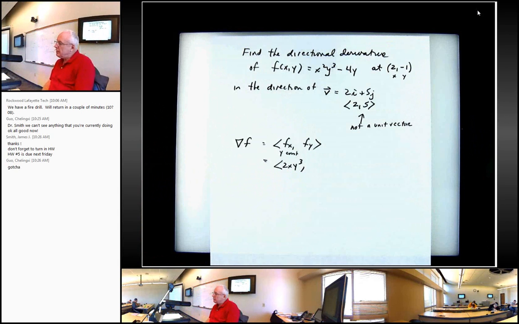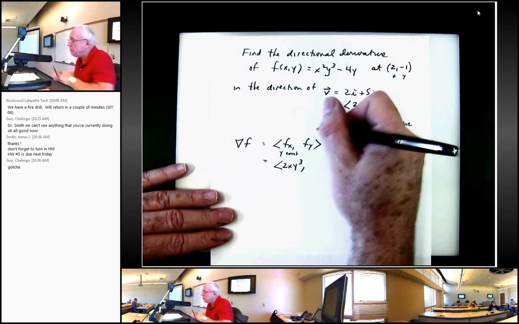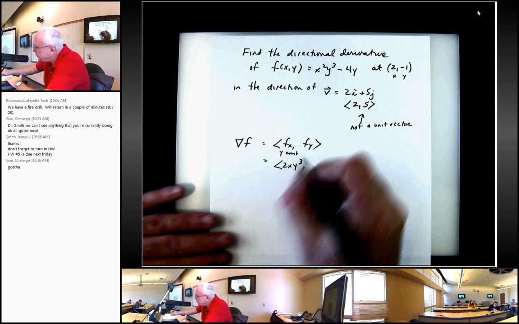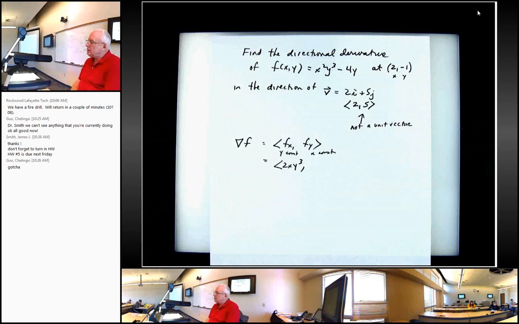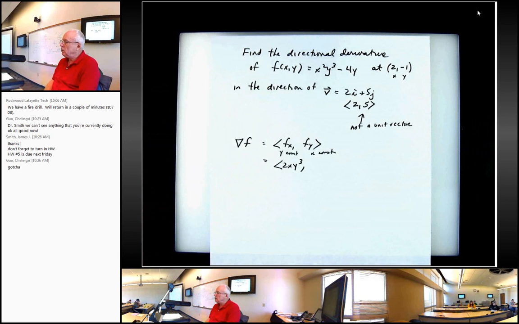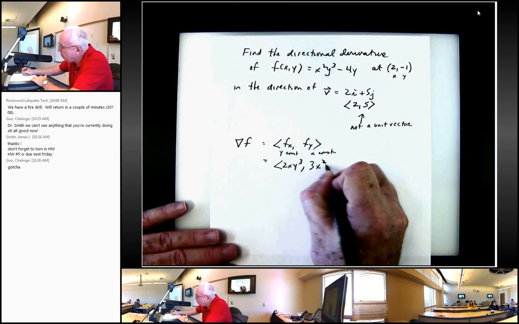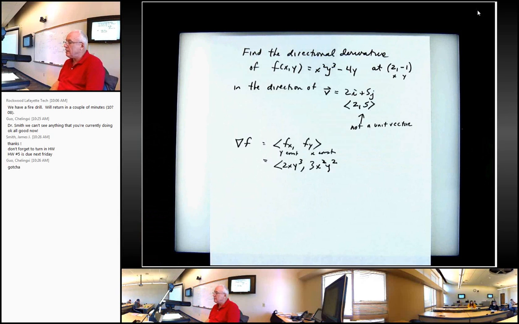And the second term is just going to go to 0. All right, so we have that. And then for fy, we're going to treat x as constant. So it looks like 3x squared y squared is what we're going to have. And now x is a constant, so minus 4y is going to become minus 4.